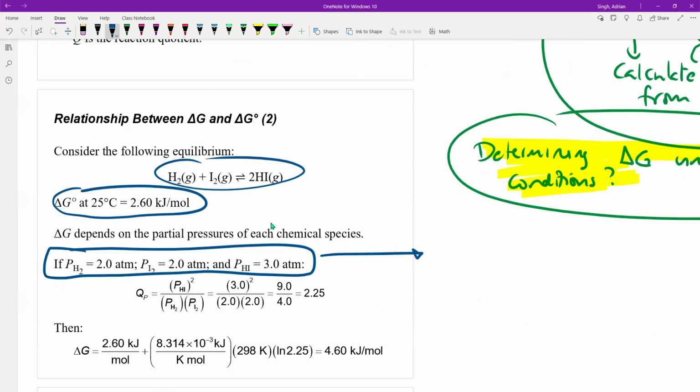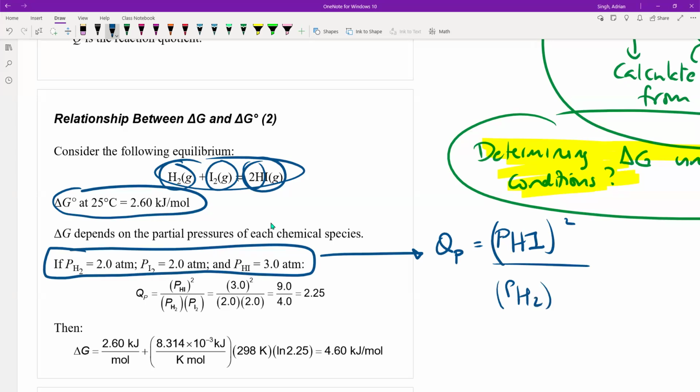So if this is the information that's given with respect to the pressure, the partial pressure of the reactants and products, and Q, and we'll use a subscript P to represent pressure, it would be the pressure of HI, and then because the stoichiometric coefficient is 2, we're going to square that, divided by the partial pressure of H2 raised to the power of 1 times the partial pressure of iodine raised to the power of 1 as well. And I'm just going to substitute those values.